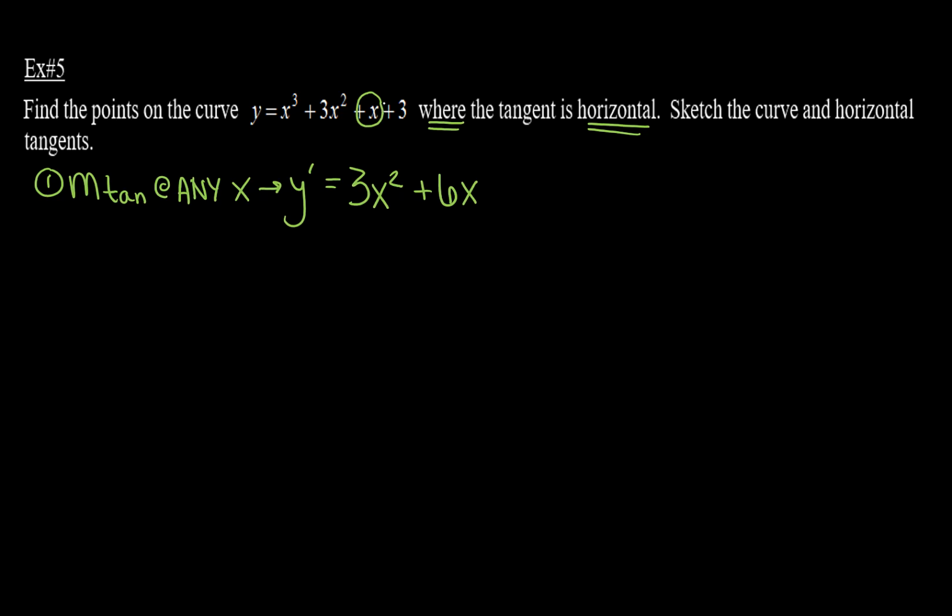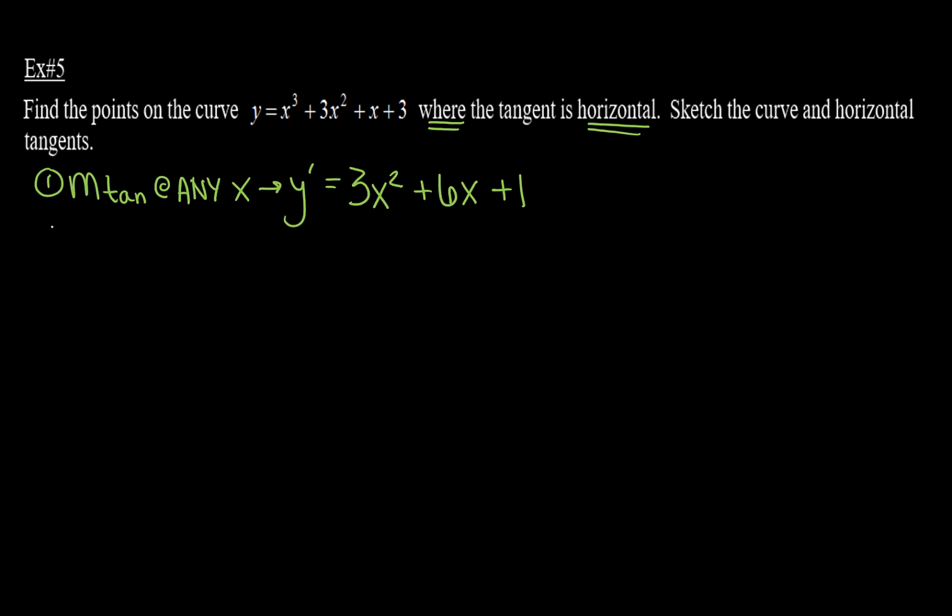For my third term, I take the power of 1, I bring it down, and then I reduce my power of x by 1. That gives me x to the 0, which is really just like saying what? Yeah, 1. And then remember that the derivative of a constant is 0. So when I take the derivative of 3, I'm just going to get plus 0, which I don't need to write down.